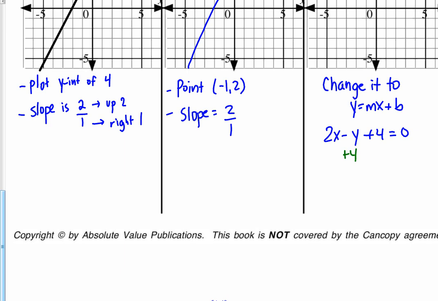Add y. Y equals 2x plus 4. And then you know your y-intercept and your slope. Okay, is it the same line again? Yes, okay, so let's just leave it at that.